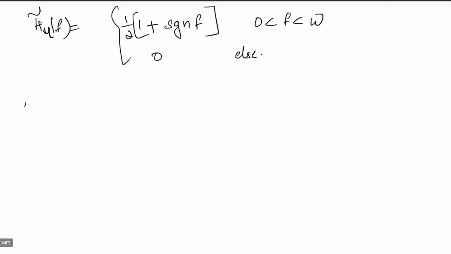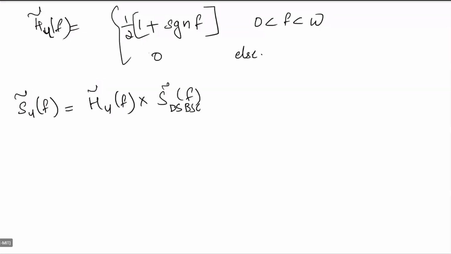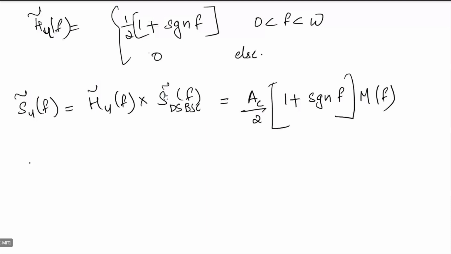And here I am telling you SU tilde f. The complex envelope of that is HU tilde f into S DSBSC, so that will give you Ac by 2 into 1 plus signum f into M of f. So this is the thing. So what will be SU tilde t? This is the inverse Fourier transform.